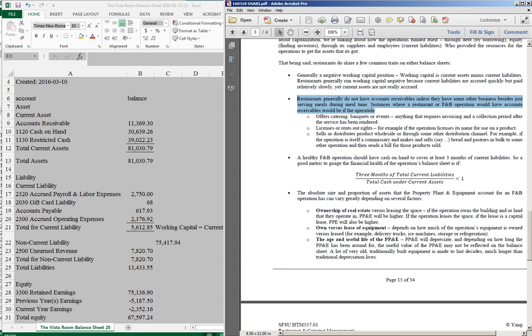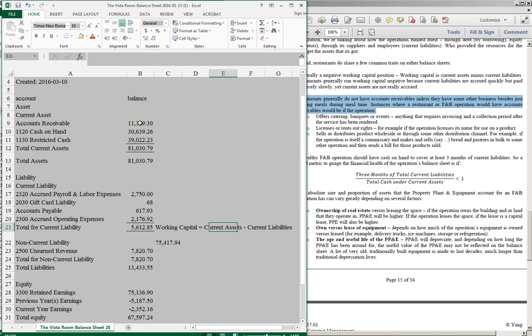Another general trait that you'll find on restaurant or food and beverage balance sheets is that there generally aren't any accounts receivables unless there's some sort of side business or instance where the operation would be billing another party for some goods or services, right? So other goods and services being if there's catering, the biggest reason would be if there's catering and banquets or events operations.